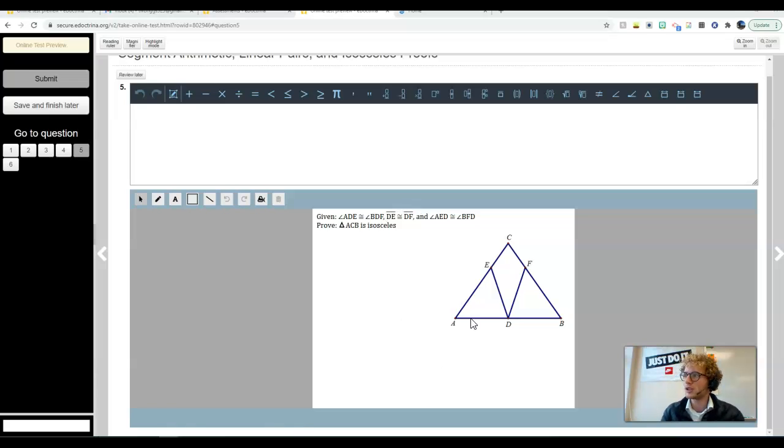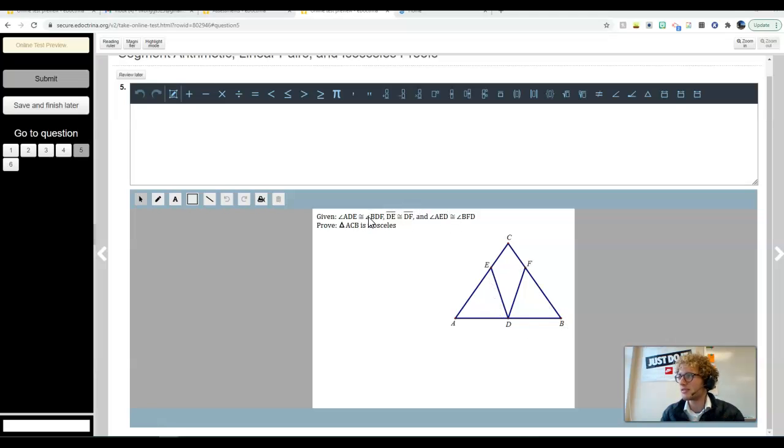So, the first part of this proof that we have here, friends, it is so easy. They give you three givens to prove these two triangles congruent, and if we're looking at this, pause the video if you want to, take a moment to look at this. They give us that ADE is congruent to BDF, DE is congruent to DF, and AED is congruent to BFD.